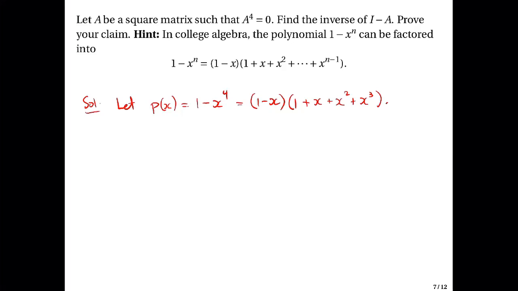So, you have P of A. This is equal to I minus A to the 4. Take note that we are evaluating a matrix here. So the number 1 here becomes your identity matrix. And according to this, we'll just have I minus A times I plus A plus A squared plus A cubed.